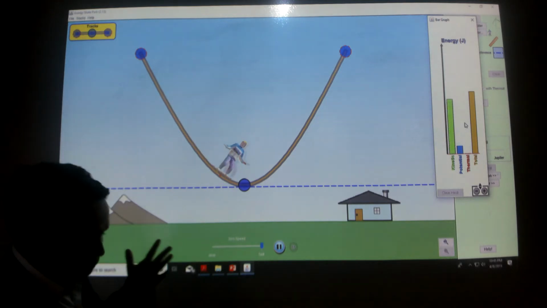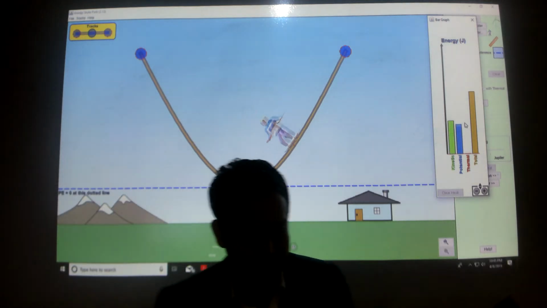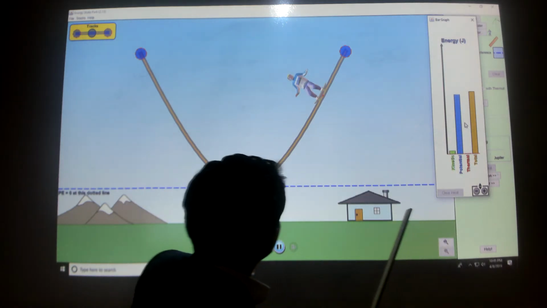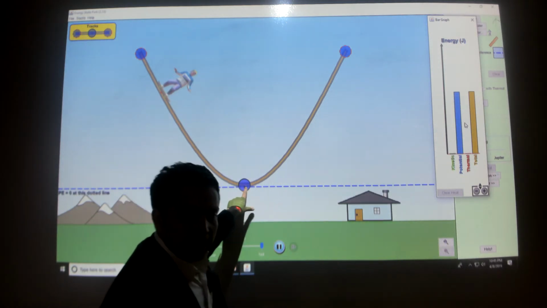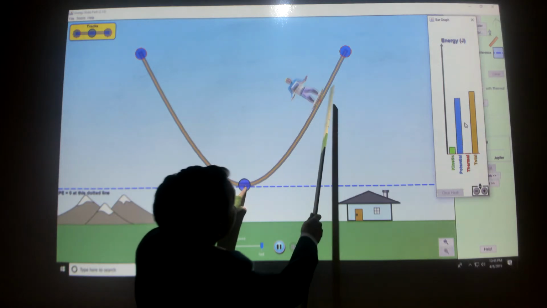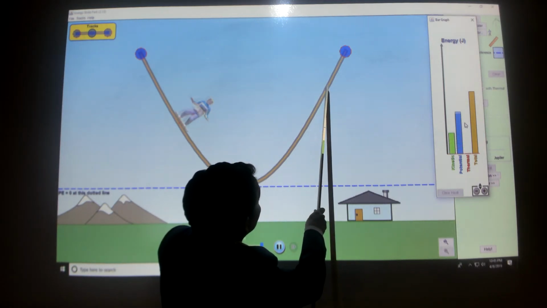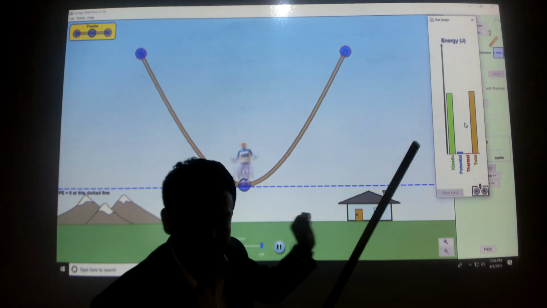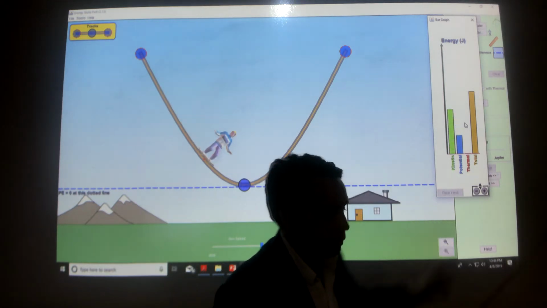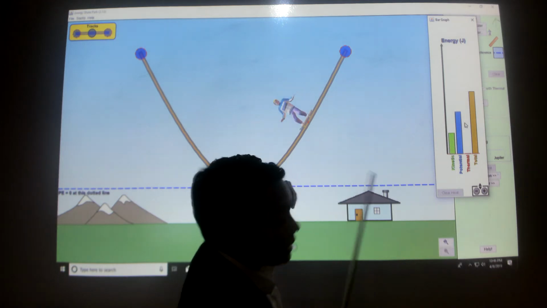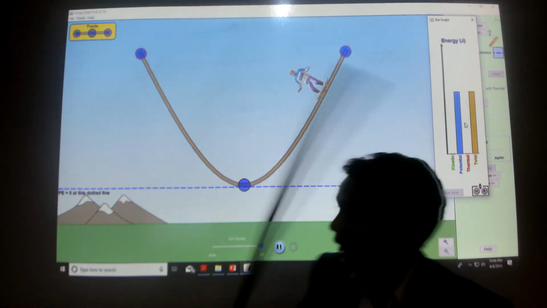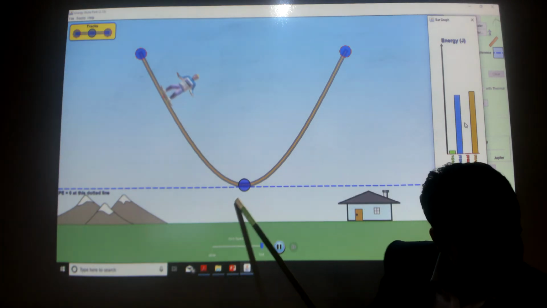What I would like you to pay attention to here is this graph. The green one is the kinetic energy, and the kinetic energy is maximum at this point. At this point right here, it has zero kinetic energy. The velocity at the maximum point is zero. That means it has only the potential energy stored in it, and at this other point it does not have any potential energy.